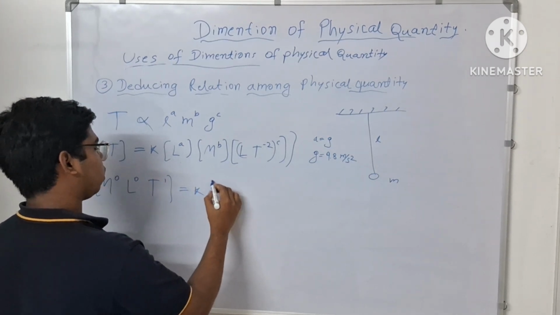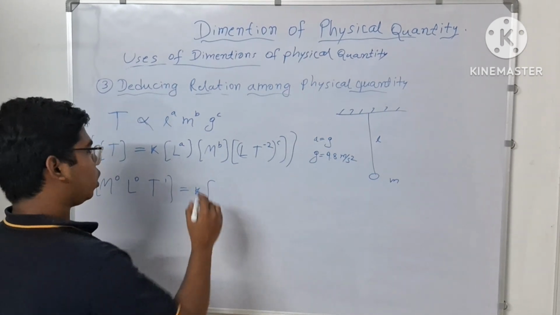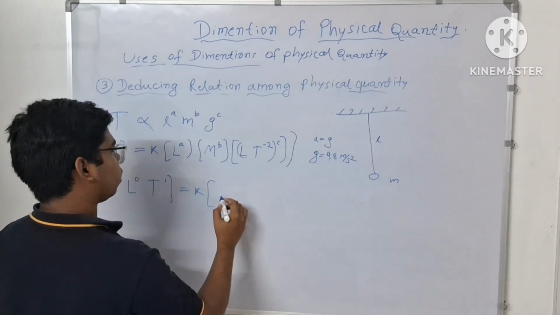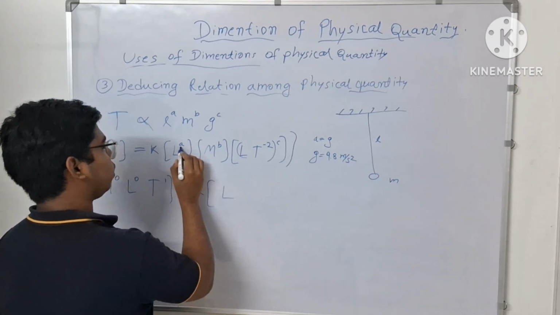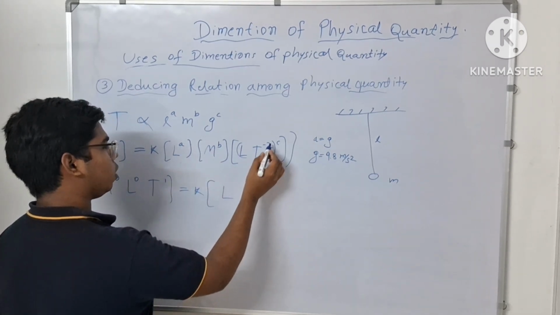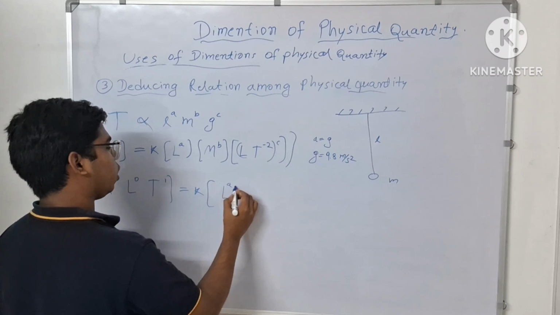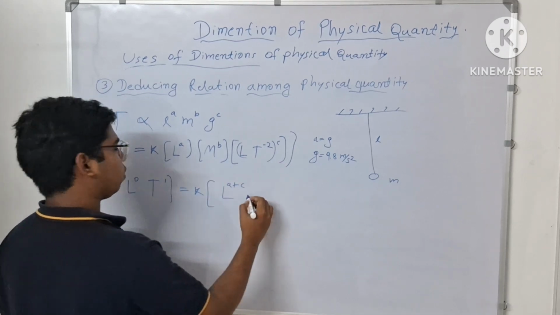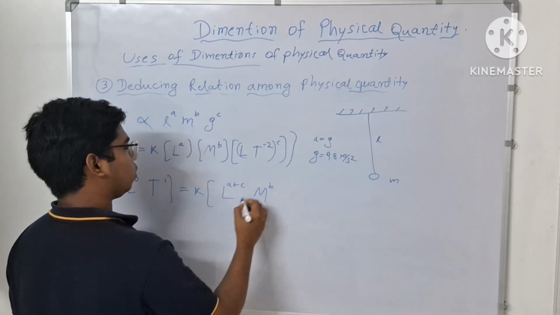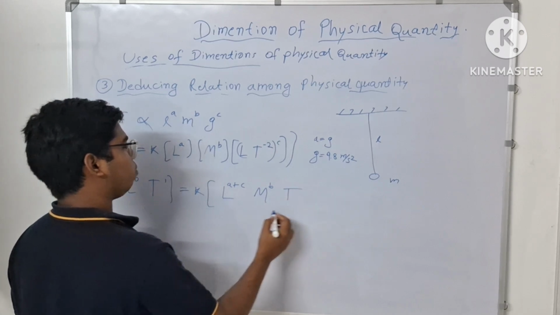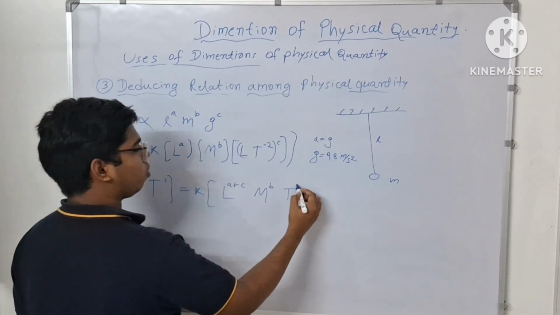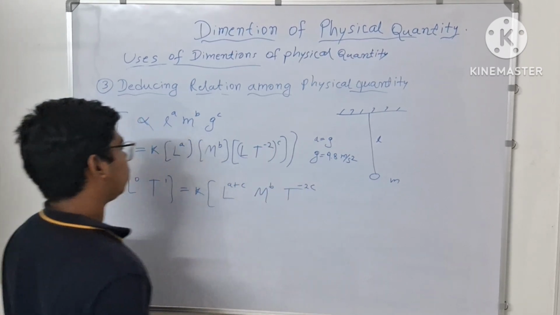This is k, and if we multiply all these three, then the length power will be a plus c, mass power b, and time power minus 2c.